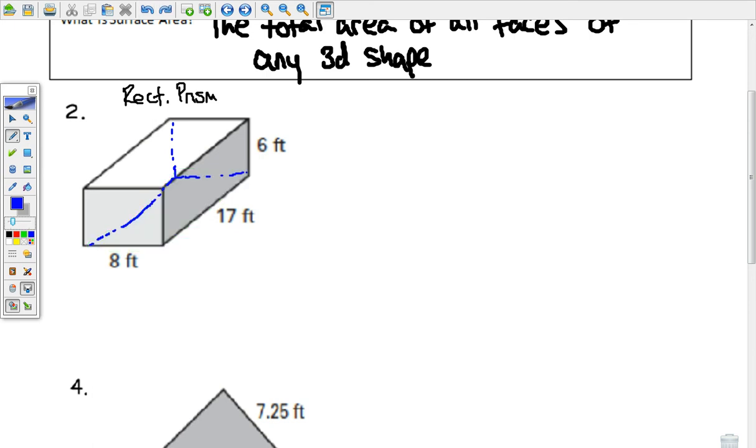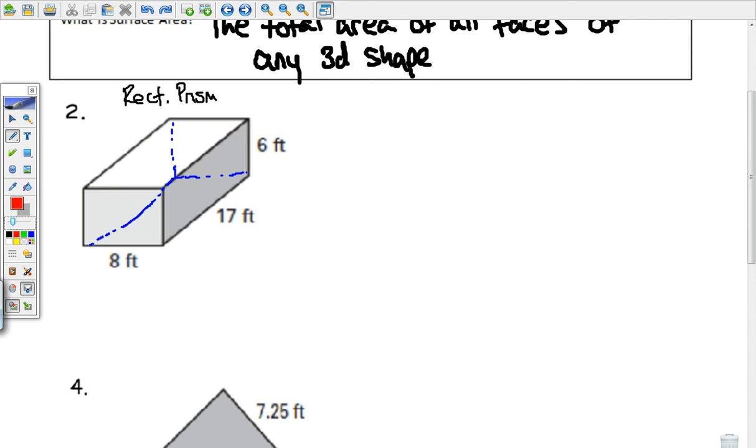Now if I get rid of that, could you tell me what shape would be the same as this face, this 6 by 17 side? And that would be the other side, the far left side over here. So there's two 6 by 17 shapes.